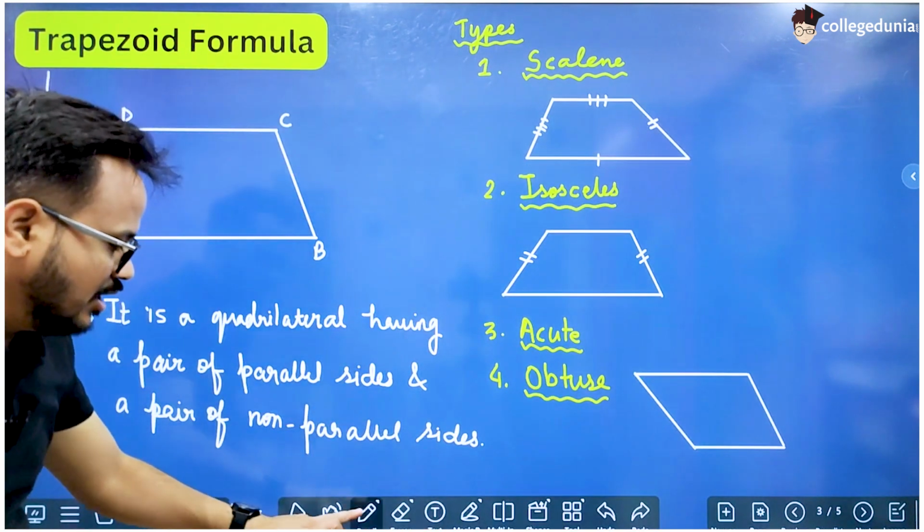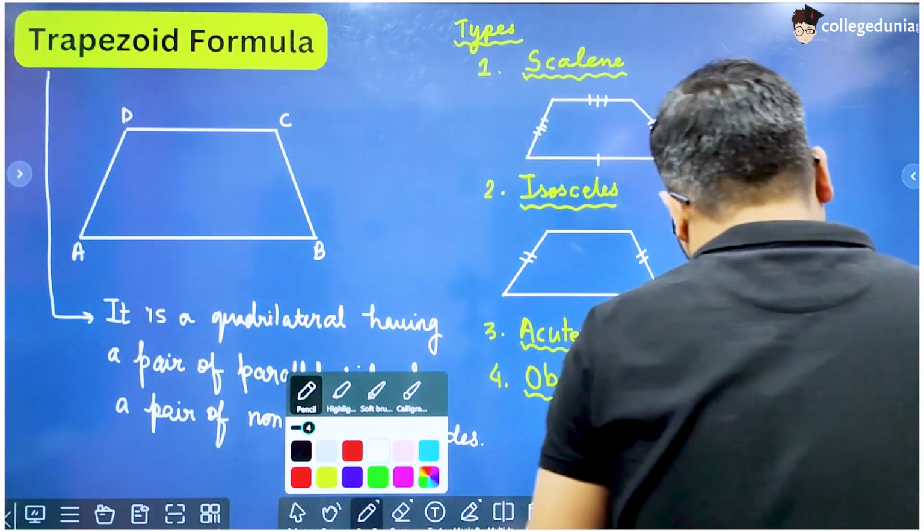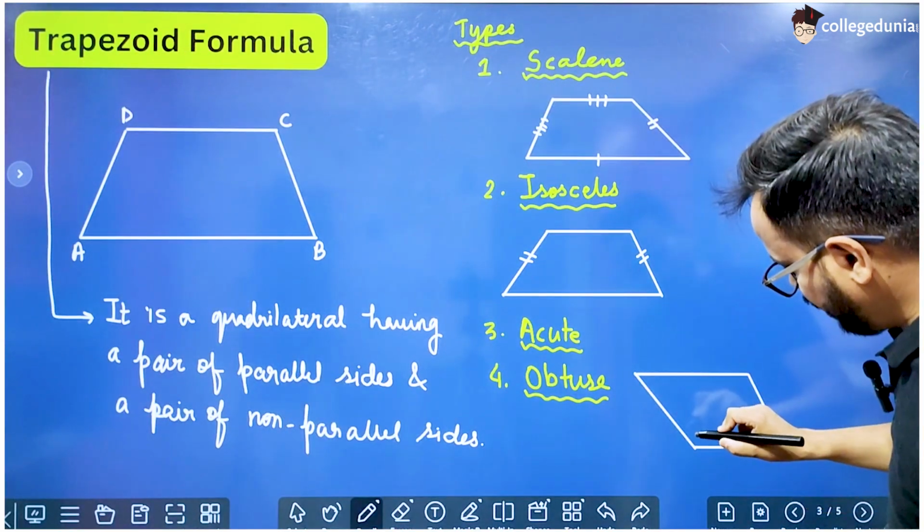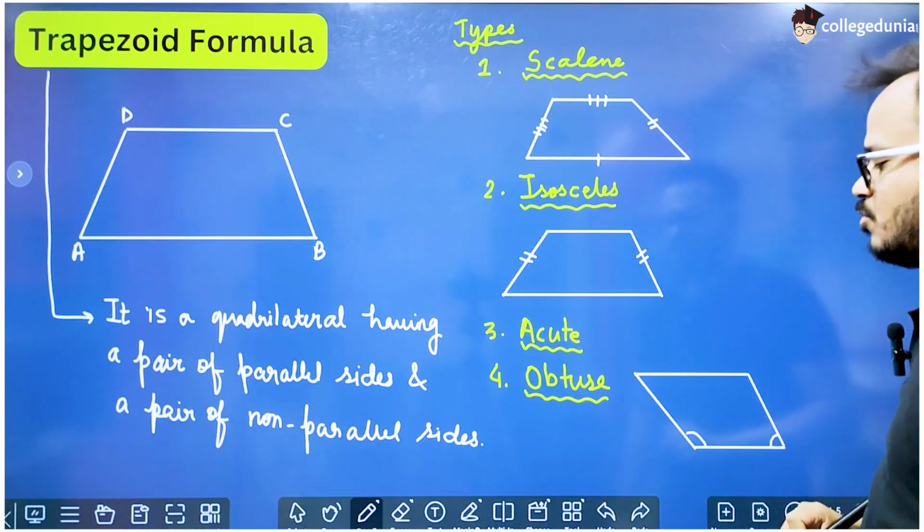Right? So this angle is an acute angle and this angle is an obtuse angle.